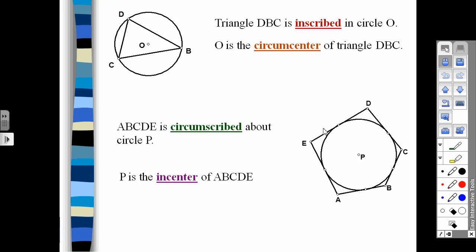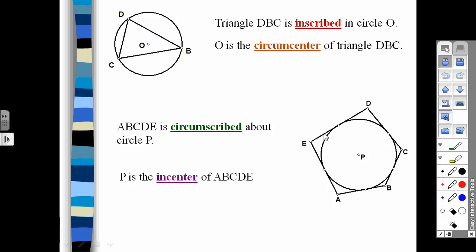Because we could also talk about a situation like this, where you can say that this polygon, ABCDE, is circumscribed about the circle, or we could have said the circle is inscribed inside the polygon. So there's a distinction there. It's just a matter of which way you're going to relate it.